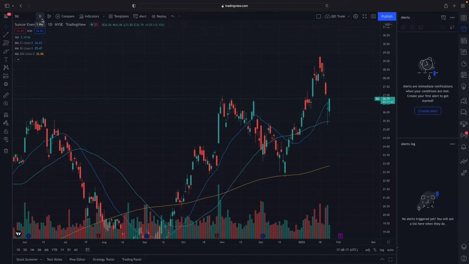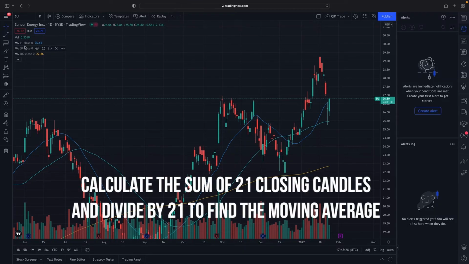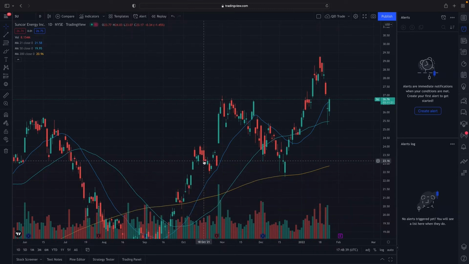But what you want to do is, whenever you're taking, for example, a 21 day chart, you want to add up 21 candles, the close for the day. So remember, we went through candlestick charts where this one closed in the red. So the close was here at the bottom of the bar.